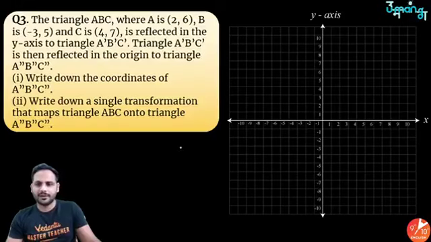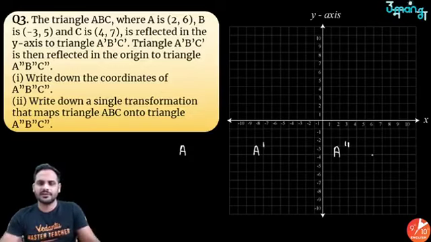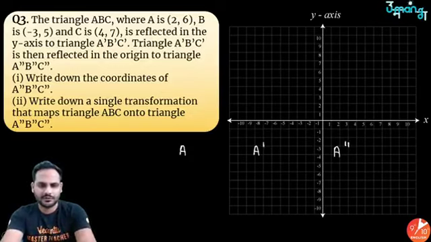So first let us see the transformation of A. What will A' be? Let us write it for A, B and C in this way.